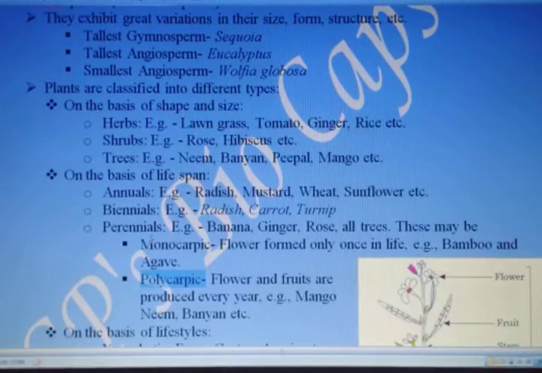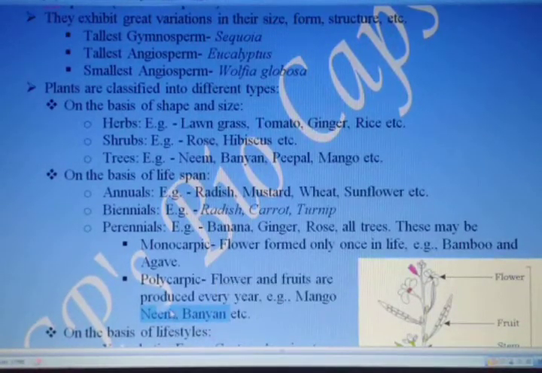And the second one is polycarpic. In this case, what happens? Flowering takes place almost every year, and as a result, these plants have been planted by human beings for the fruit. For example, let us say mango. It can live for so many years, and every year we receive fruits from mango. Likewise, all other plants can be included here, like neem, banana, coconut.